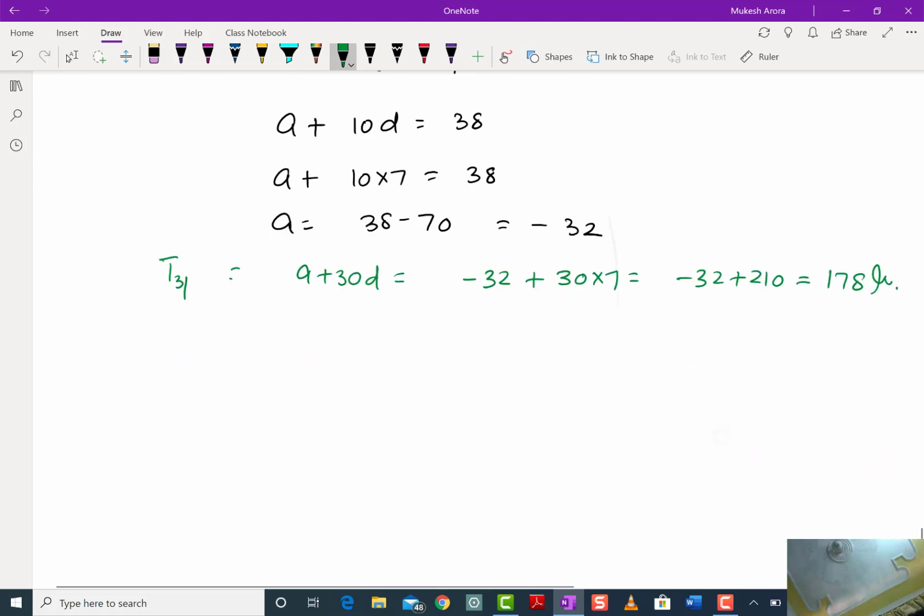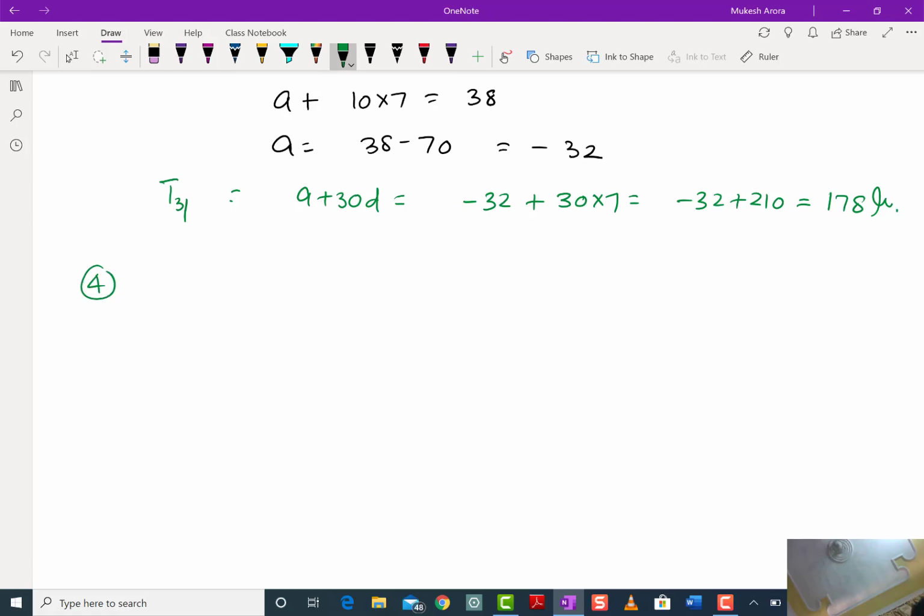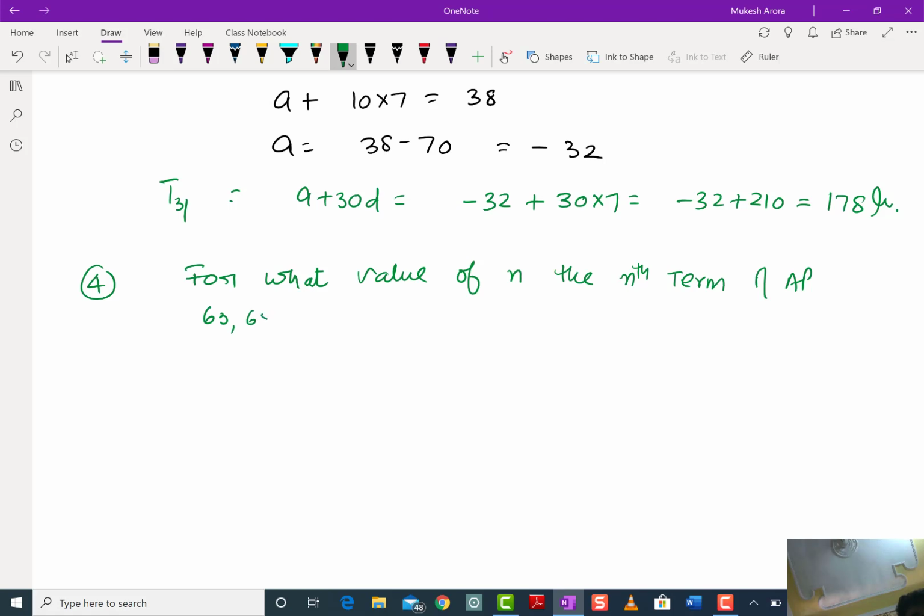Question number 4. So the next question is: for what value of n is the nth term of the AP 63, 65, 67 and the AP 3, 10, 17 equal?